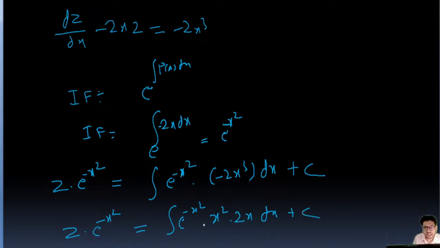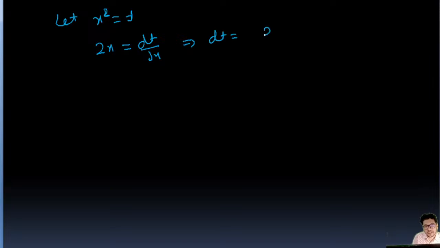For integrating this, minus is also here, right? This is minus. Fine. For integrating it, we can say x square equal to t. Okay, so it means 2x is going to be dt upon dx, and so that implies dt value is going to be 2x dx.